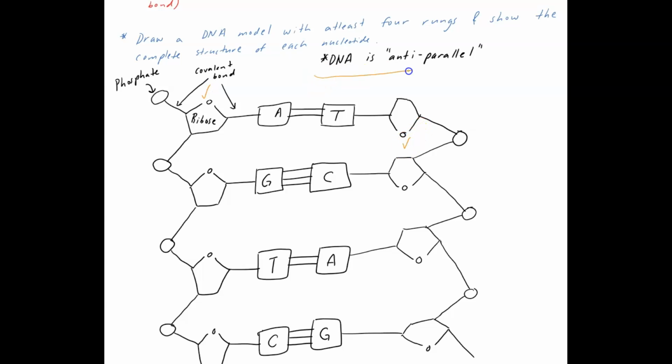This is because DNA is anti-parallel, and we will be getting into that coming up. And also make sure you label your hydrogen bonds as well. So go ahead and pause the video, take some time, get a nice drawing of this DNA down. Notice the base pairing rules, okay? And then we're going to move on to the photosynthesis and cell respiration portion of today's lesson.